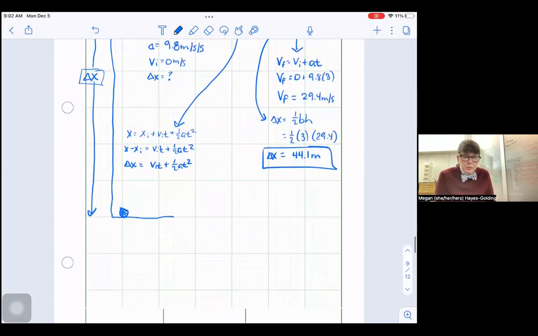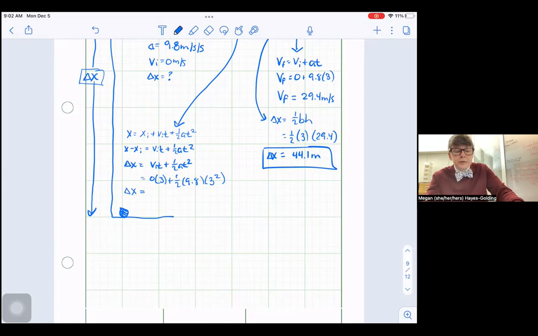So I know all these numbers. The initial velocity is 0, the time is 3. That first term goes to 0, then 1/2 of 9.8 times 3 squared.